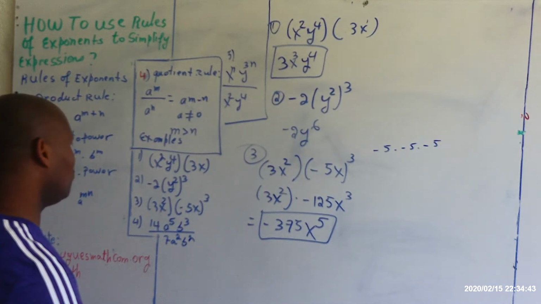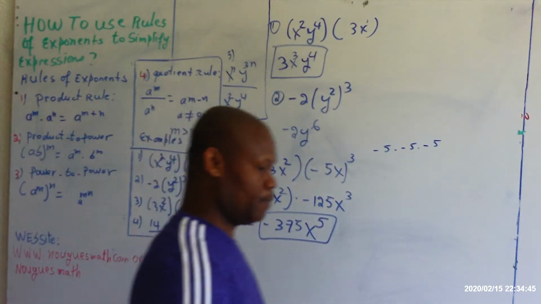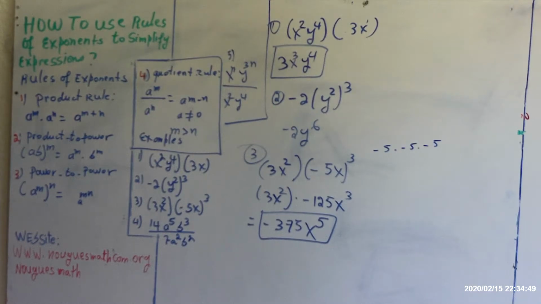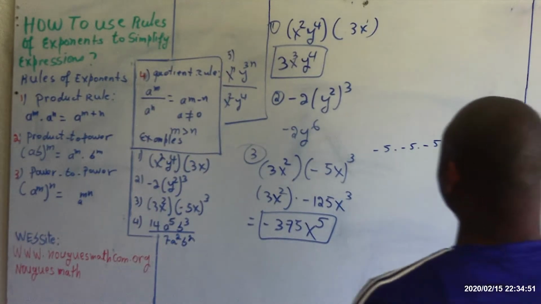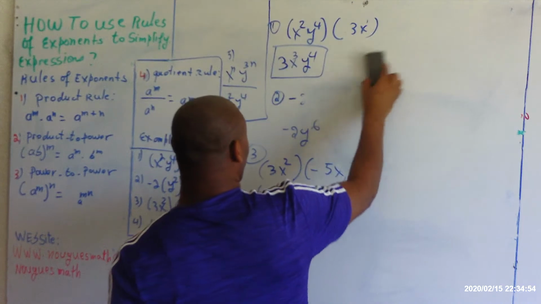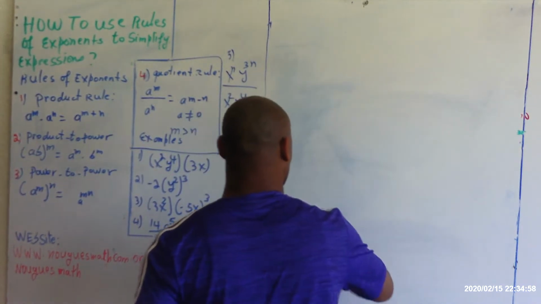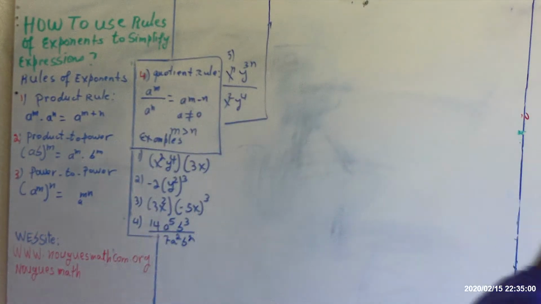Let's do number 4. Let me wait to do number 4 for you, because we will need more space.